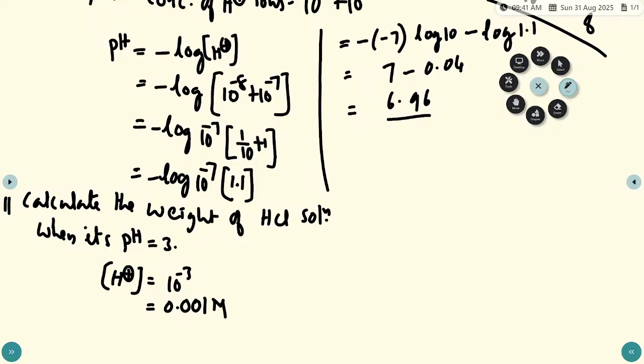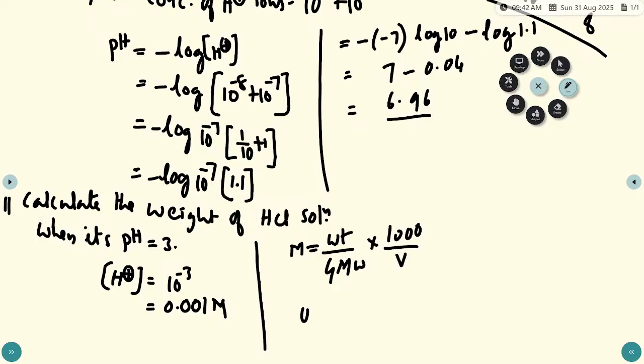It is the concentration of the HCl solution. So if you know the concentration, how can you calculate the weight of the substance? Here the molarity is given. What is the formula for molarity? Molarity is equal to weight by gram molecular weight into 1000 by V in ml. So this is the formula, right? Here the given molarity is 0.001.